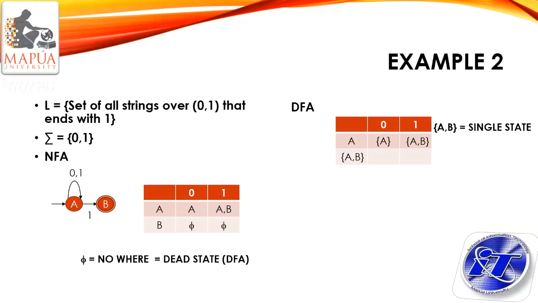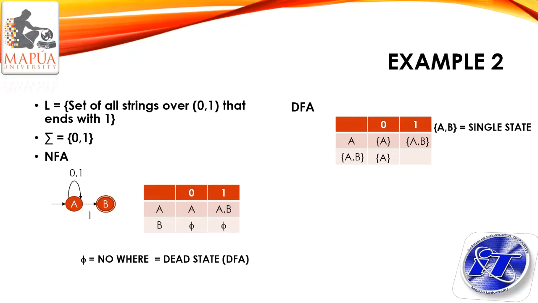So if we combine going to A and nowhere to go, it means there is a path which is going to A. Okay? And for 1, if it's A, it will go to B.